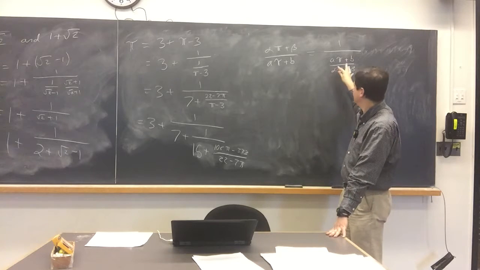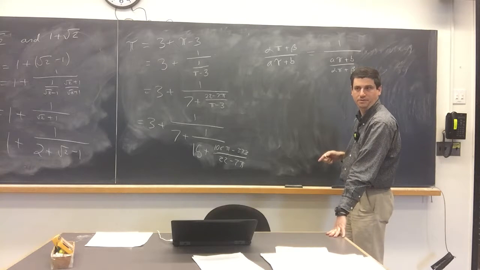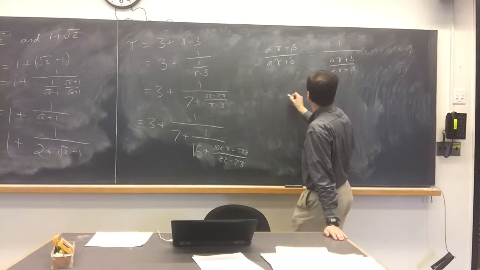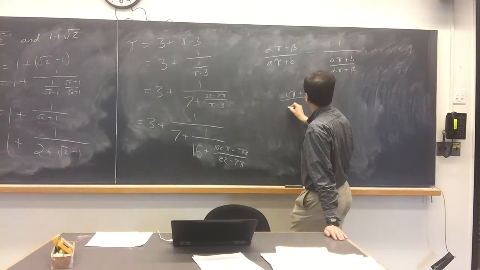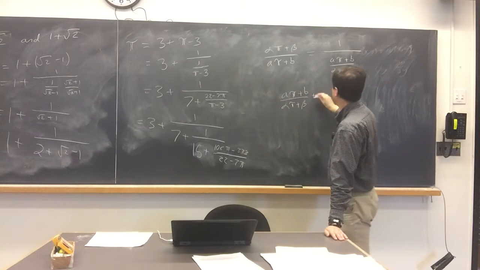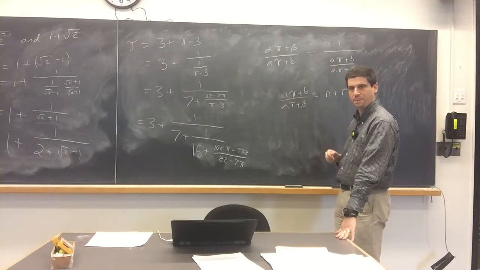And now we subtract off the greatest integer less than or equal to this. So to get the next term, we write a pi plus b over alpha pi plus beta as some integer n plus a remainder.